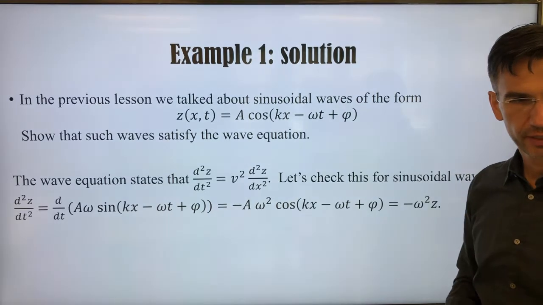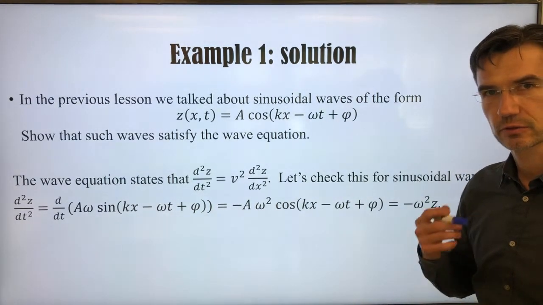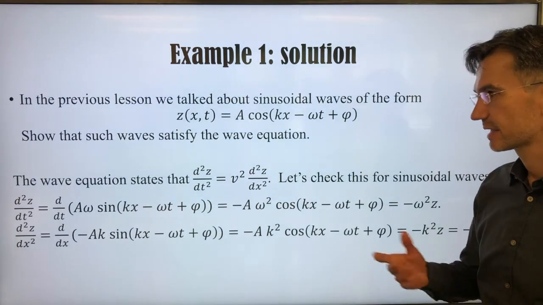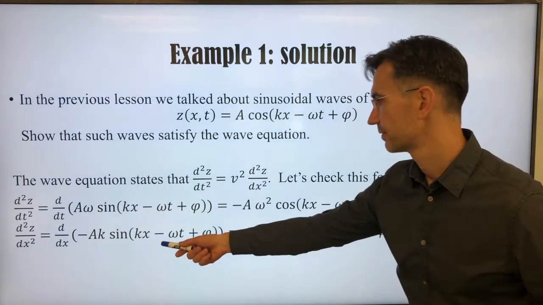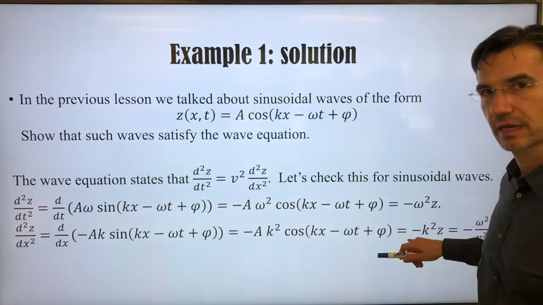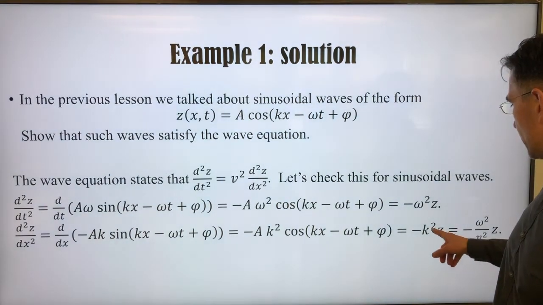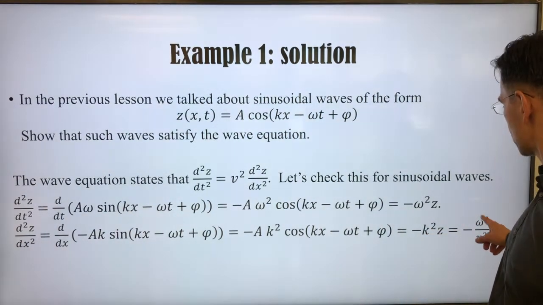Now, if we similarly take the second derivative of z with respect to x, we do the same steps, and we arrive at an expression where the second derivative of z with respect to x is minus k squared, k being the wave number, times z. This is minus omega squared over v squared z.